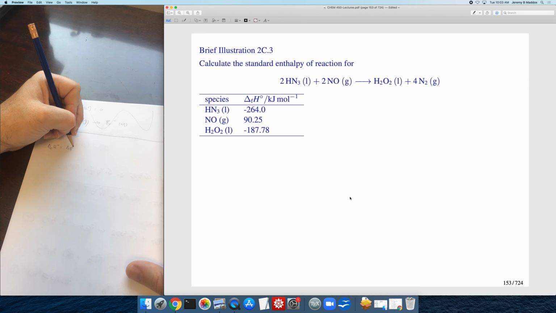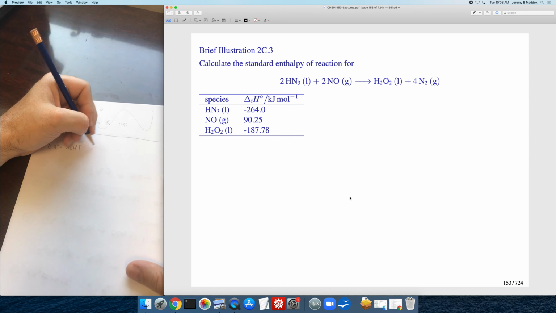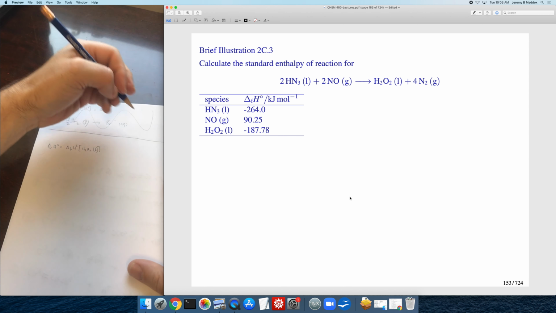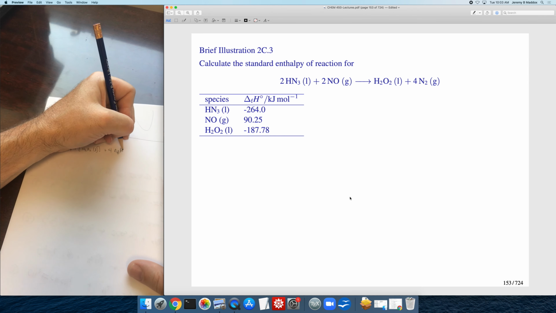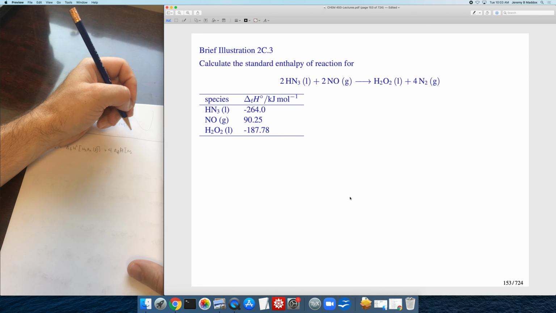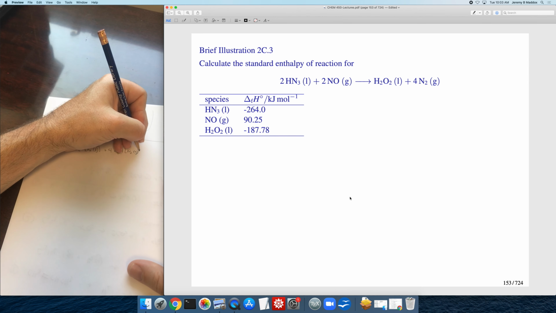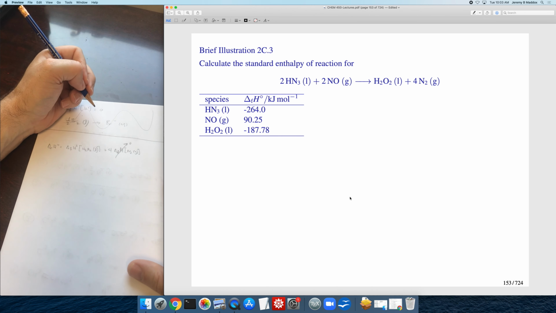So you would take the enthalpy of formation for that. You would add to that 4 times the enthalpy of formation for the nitrogen. That is 0 by definition because that's an element in its reference form.